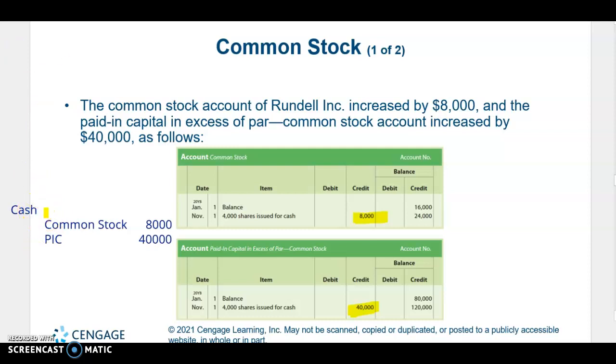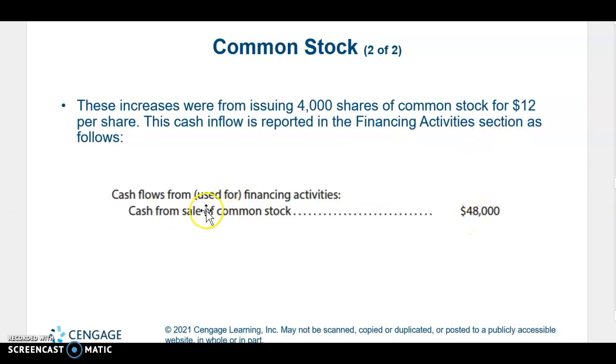So the total cash that we received would be the $40,000 plus the $8,000, $48,000. So we got a total of $48,000 from issuing this stock. And here it is. This is the cash that we got from the stock.